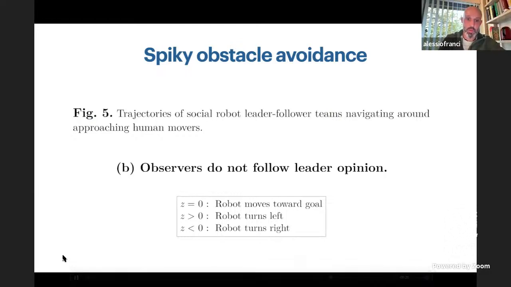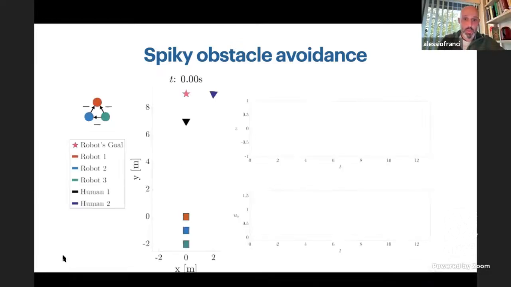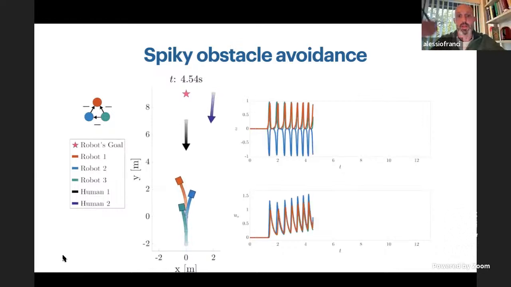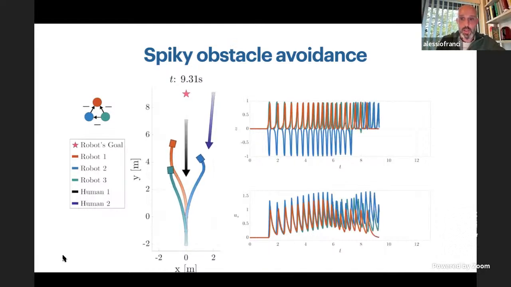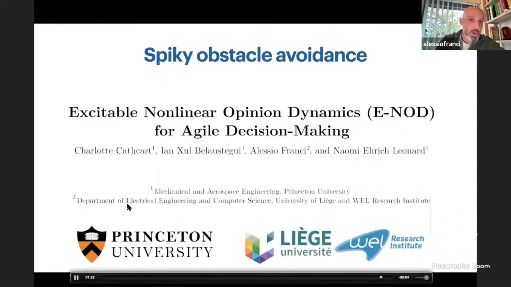The first simulation was robots following the leader, and now you will see what happens when the blue and green robots do not follow the next robot. As you can see, you have something that very nicely can dribble around humans and so forth. Now this idea of agile control is something that Shul will probably be developing in his PhD thesis, and again, a brain-inspired principle would be great to implement and to port.